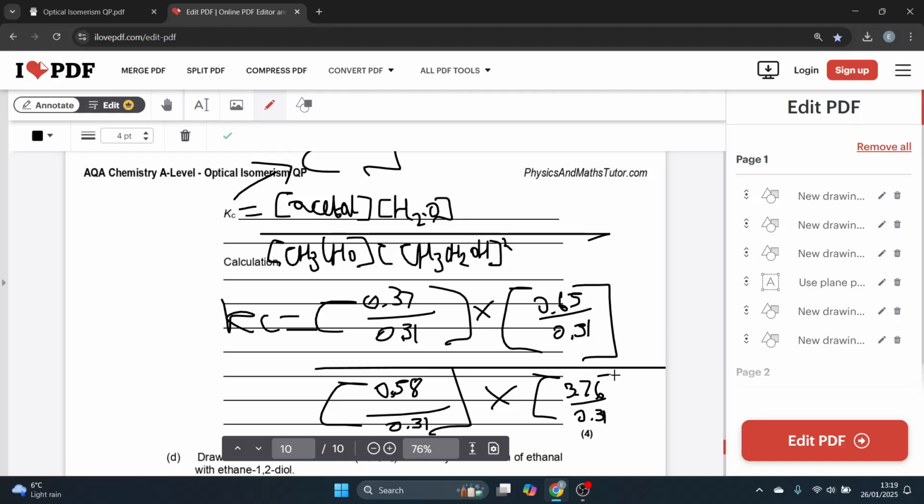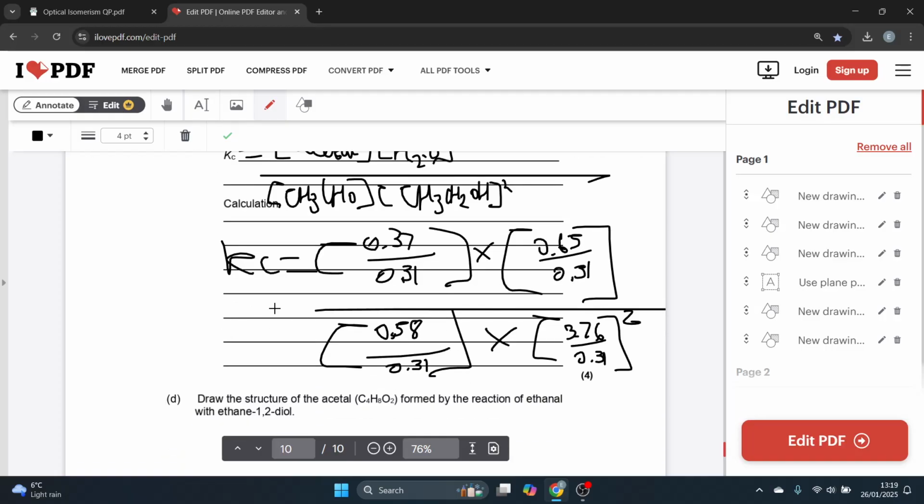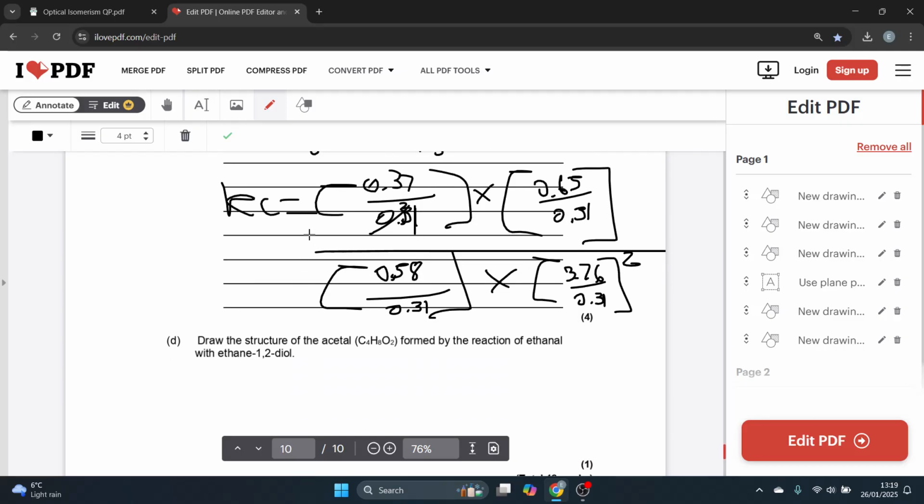And remember, with the ethanol, it is squared. Now, one could argue that we don't actually have to divide them all by 0.31 because they will all cancel out. But it's better to be safe and just do it like this. Then you should get Kc as 9.1 times by 10 to the power minus 3.